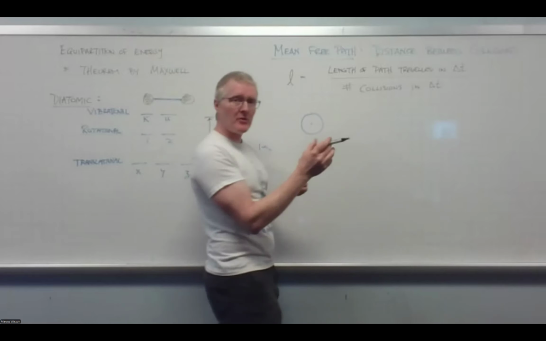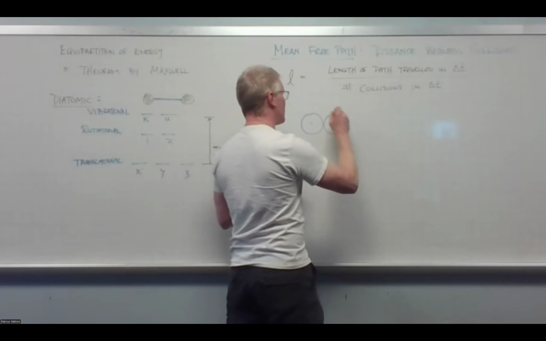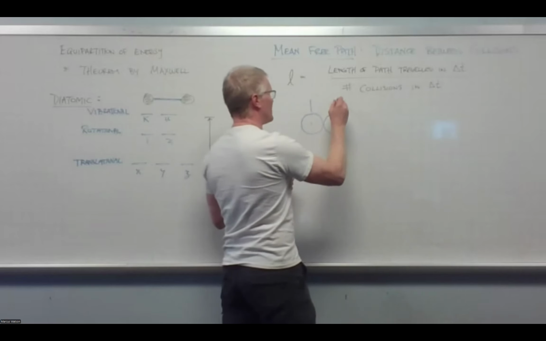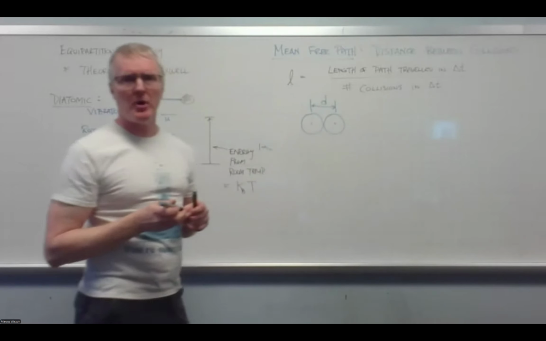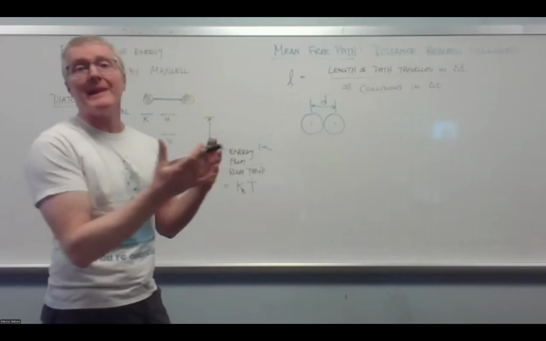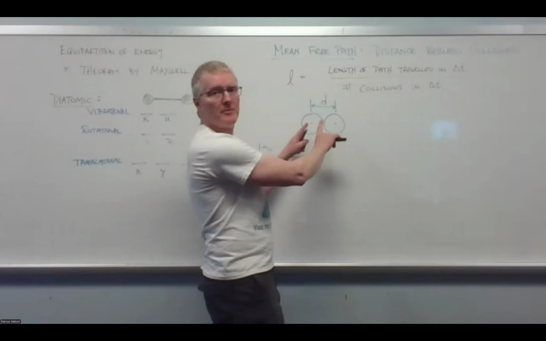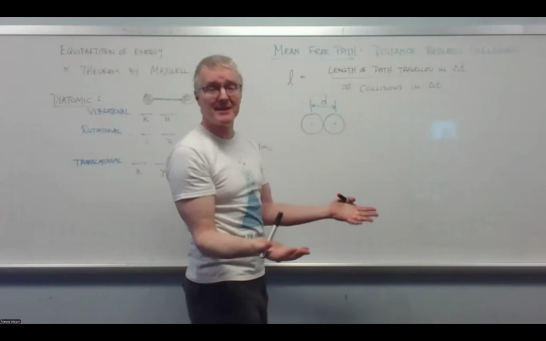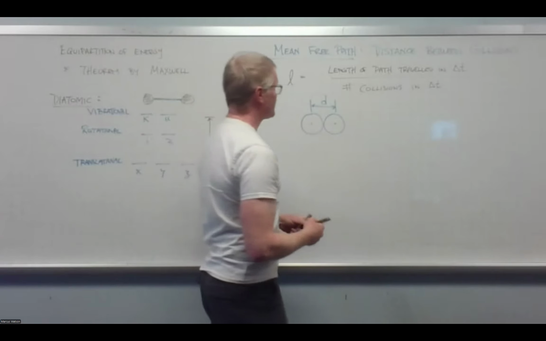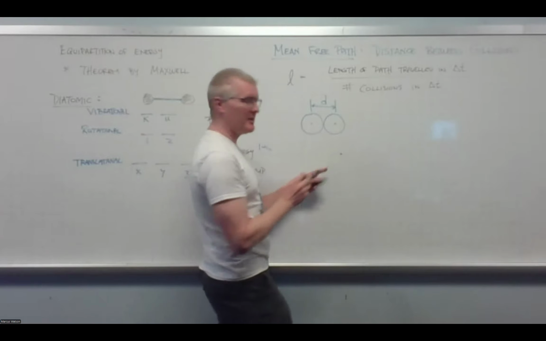Well, it's going to hit another one when their centers are one diameter apart or less, right? If these two things move past each other and the distance separating their centers is greater than a diameter, there's no collision.